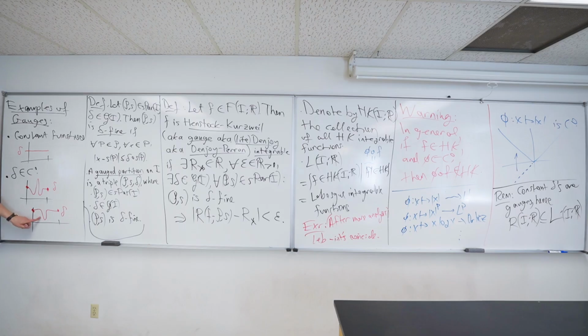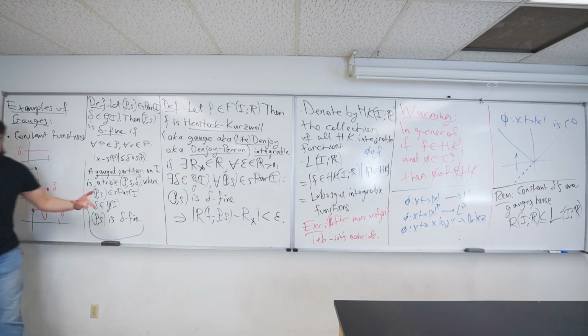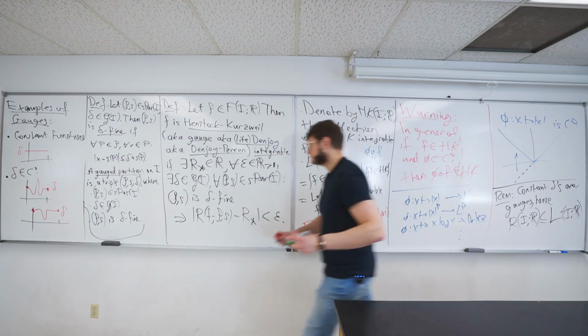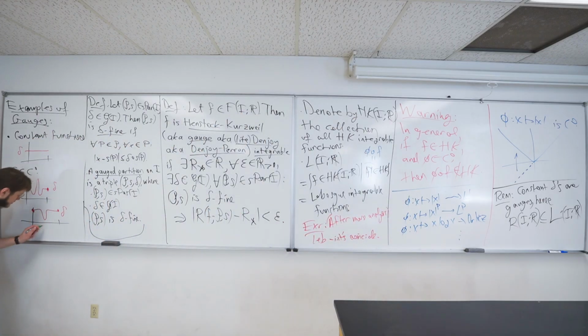This kind of graph really tells me that this point right here is kind of a problematic point. That's sort of the heuristic. This is where the problem is.